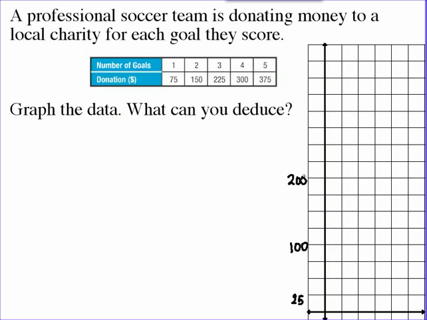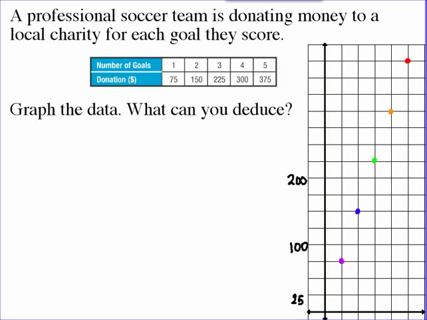So the first thing you're going to do is plot 175. The next one would be 2, 150. The next one would be 3, 225. The next one is 4, 300. And the final one is 5, 375.